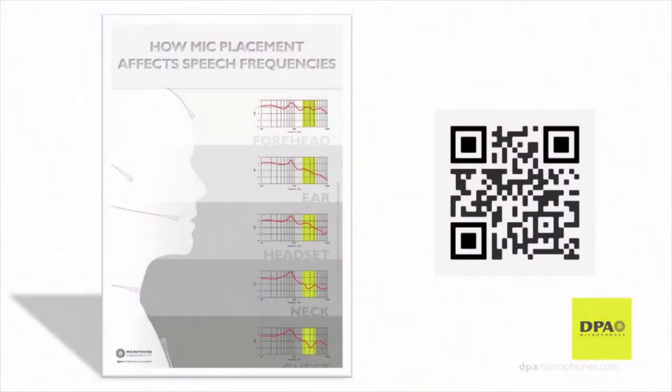We have more questions. How would you recommend attaching a forehead mic to a speaker? Well, what we do in film and in theater, we use toupee tape, because most people do not react to that. Or Band-Aid.